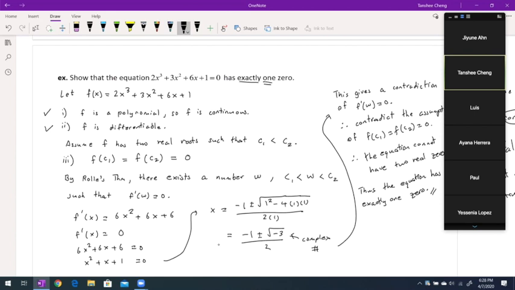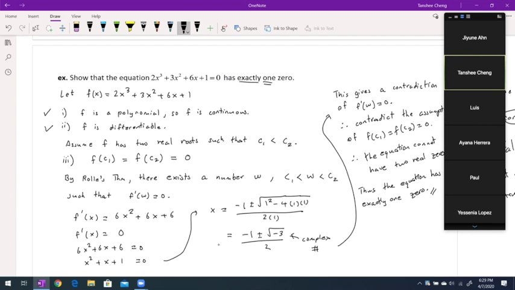Remember, we are trying to prove that there is exactly 1 zero. So now we assume that the function has 2 real roots, which means 2 real zeros, such that the first zero c1 is less than the second zero c2 in numerical order.